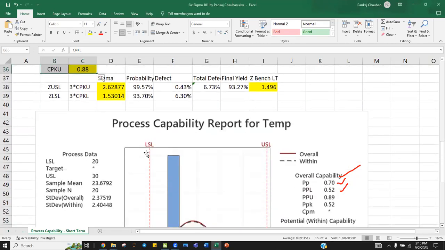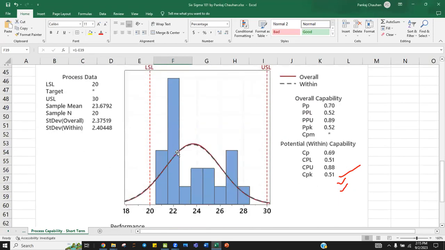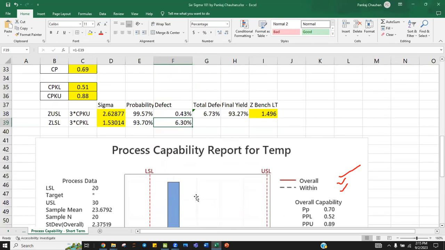Now the percentage, which is the probability of defect: 0.43 on the upper side and 6.3 on the lower side. You can see the same values here, 6.3 on the lower side and 0.43 on the upper side. The total defect is 6.73, and that's what we got in the manual calculation as well.